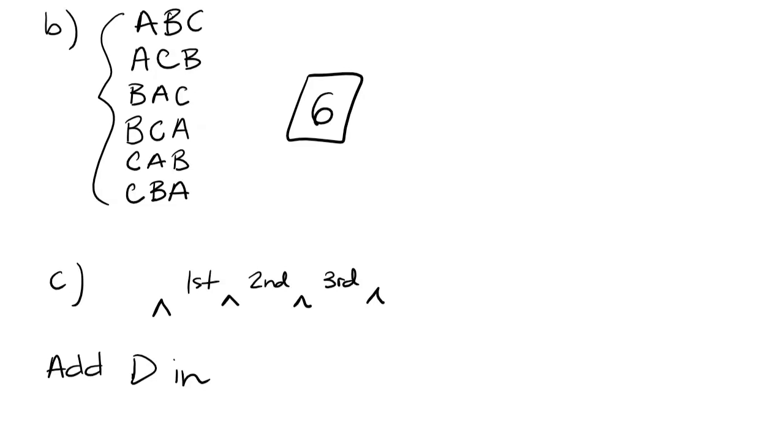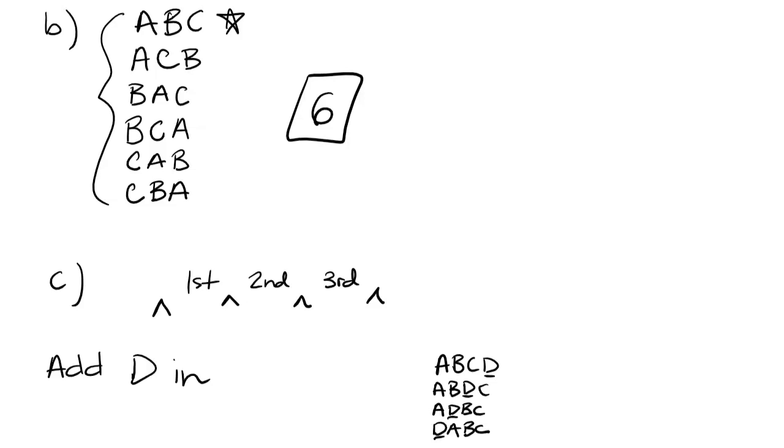So one version of what I'm saying: if I had started with the list A, B, C, I could have A, B, C, D, or A, B, D, C, right? Put them in between B and C, or I could do A, D, B, C, or D, A, B, C. So basically we're seeing we could put them in one of those 4 spots.